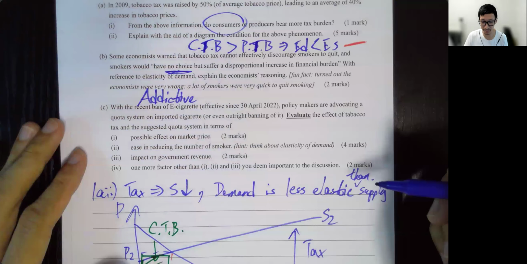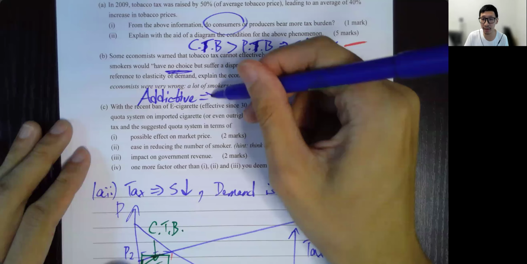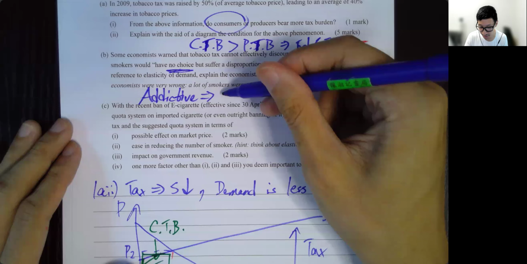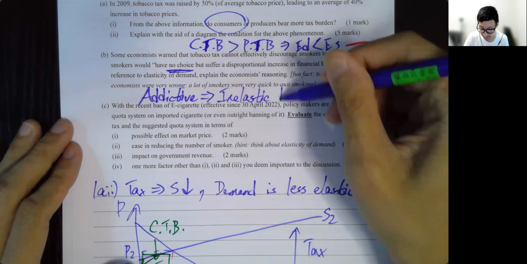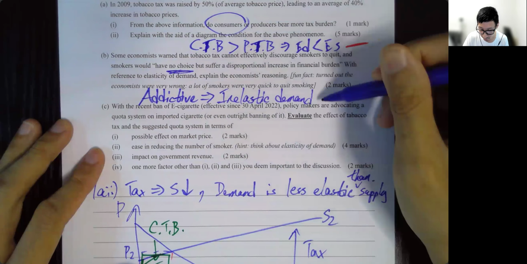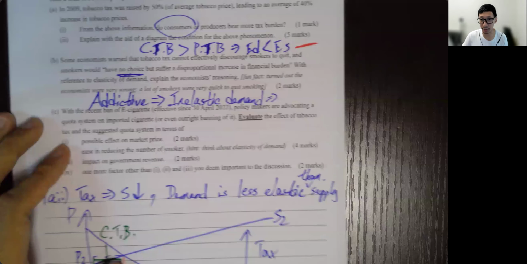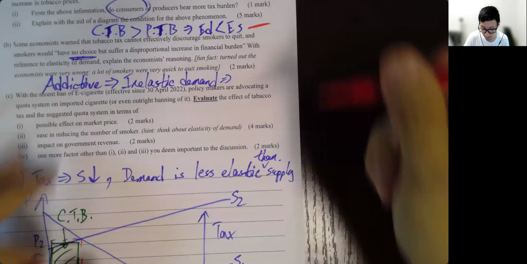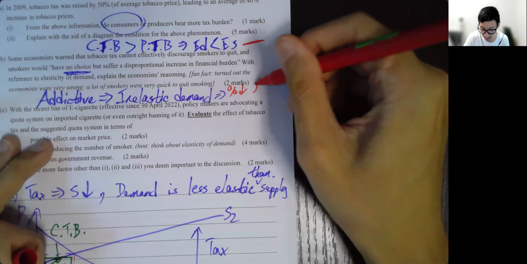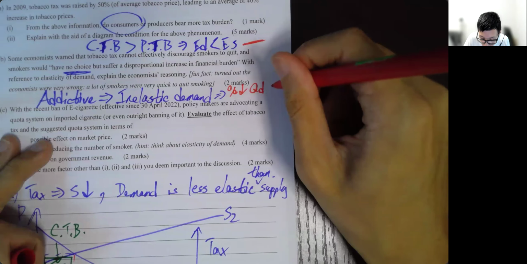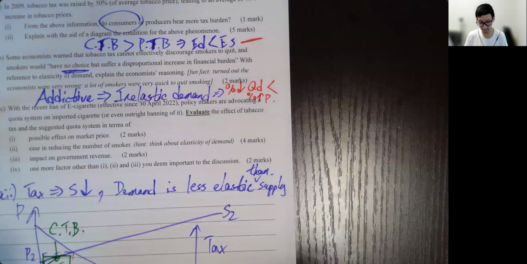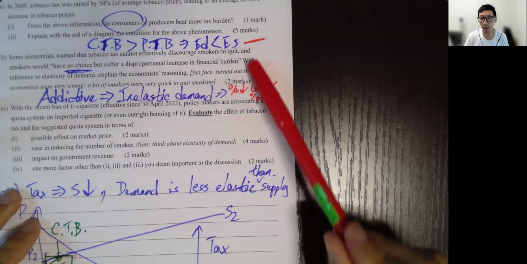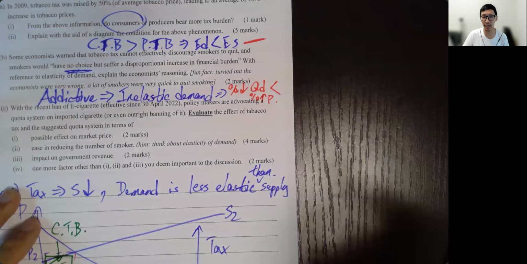Now, therefore, we know that they tend to be inelastic demand. Therefore, this is important, many people miss this. The percentage decrease in QD will be much smaller than the percentage increase in price.